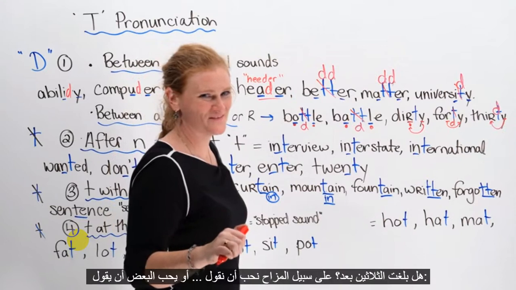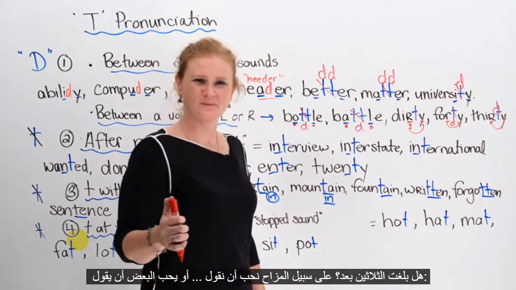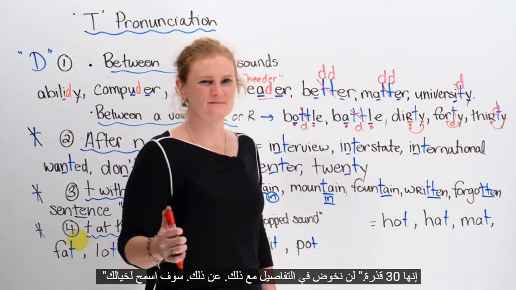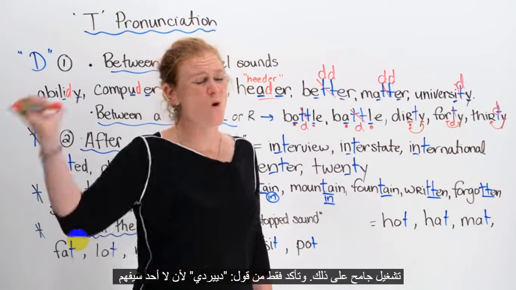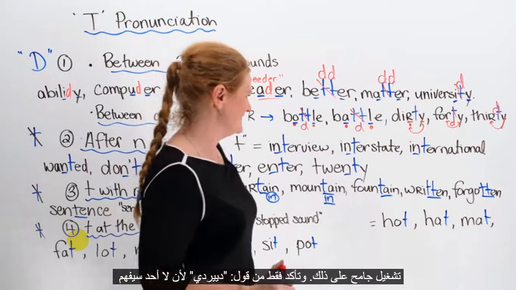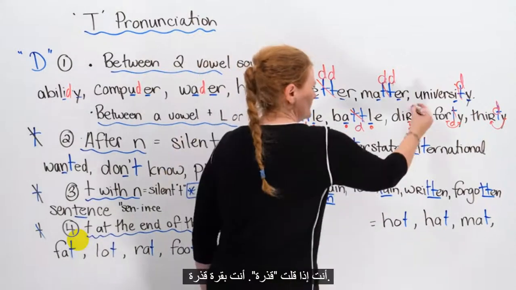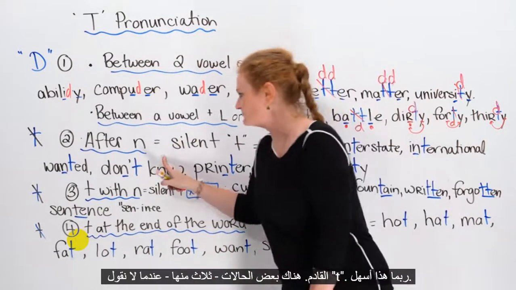Have you turned 30 yet? As a joke, we like to say, or some people like to say, it's my dirty 30. We won't go into detail about that. I will let your imaginations run wild on that one. And just make sure you say dirty, because no one's going to understand you if you say dirty.